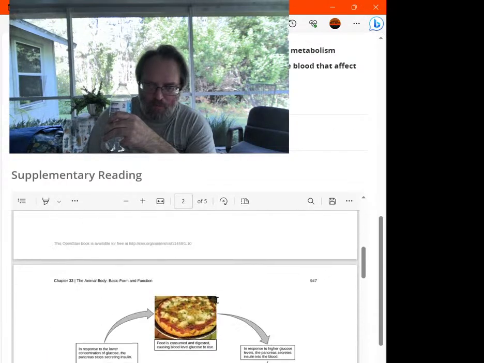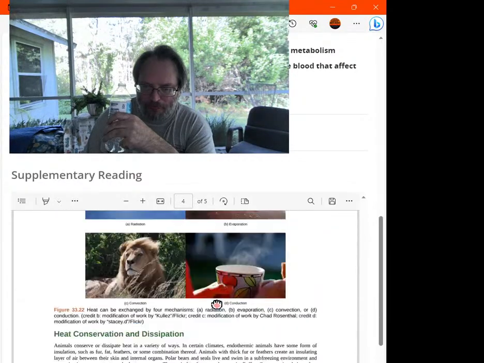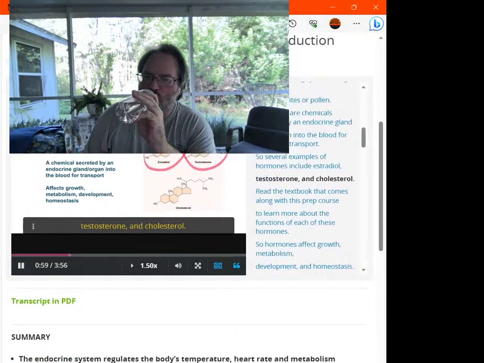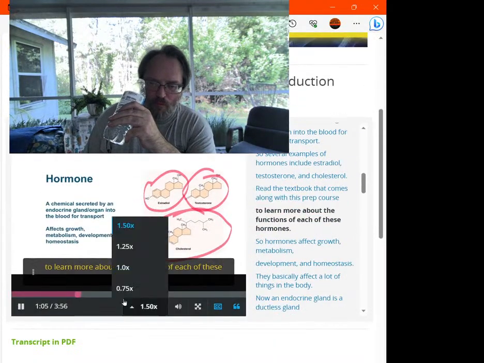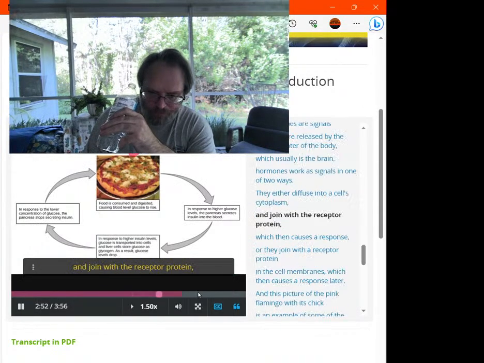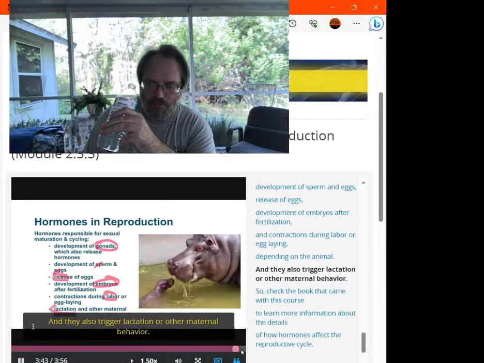Hormones are chemicals secreted by an endocrine gland or an organ into the blood for the body's transport. Several examples of hormones include estradiol, testosterone, and cholesterol. Read the textbook that comes along with this prep course to learn more about the functions of each of these hormones.